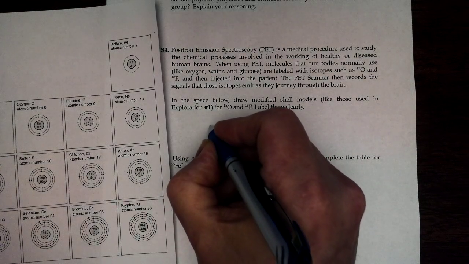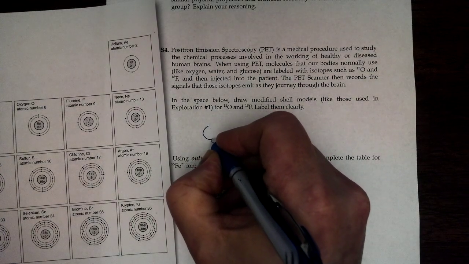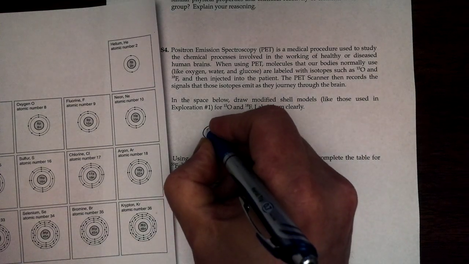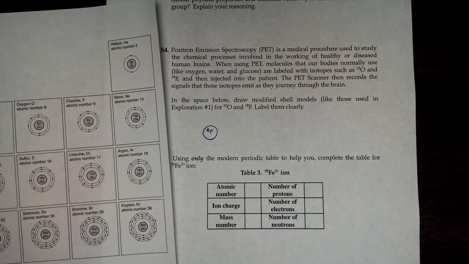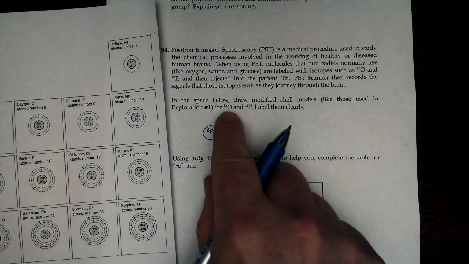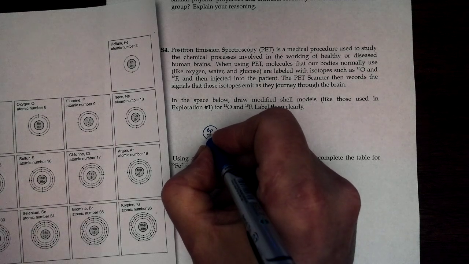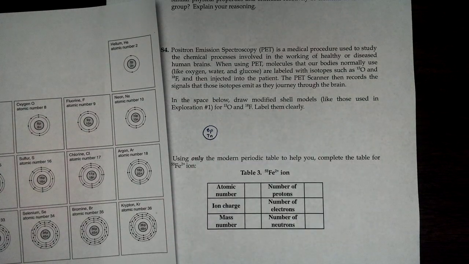So instead, what oxygen 15 has is, I draw my little nucleus, it is oxygen, so I can't change the number of protons, I have to have 8 protons. But because protons and neutrons collectively have to equal 15, that means I have 7 neutrons, and neutrons are kind of the wild card. When you have an isotope, you might have more or fewer neutrons than the most common number of neutrons that you find in one of these elements.